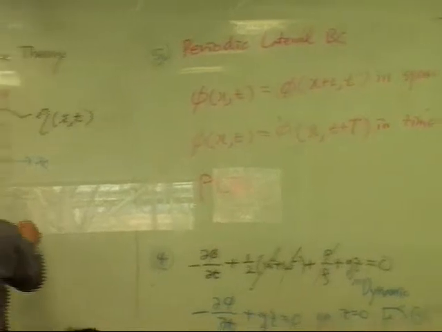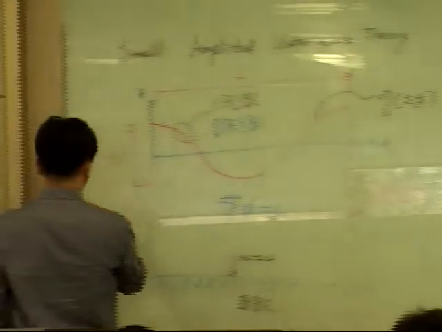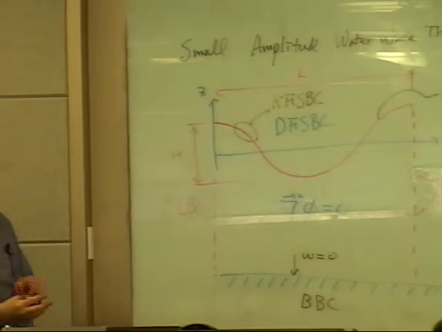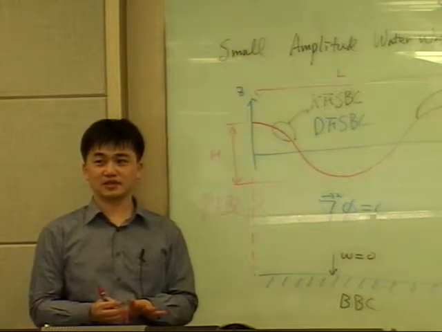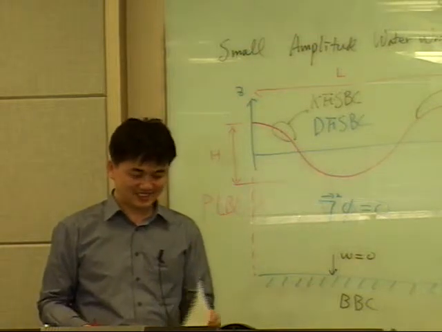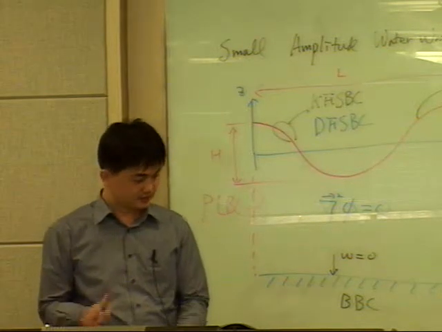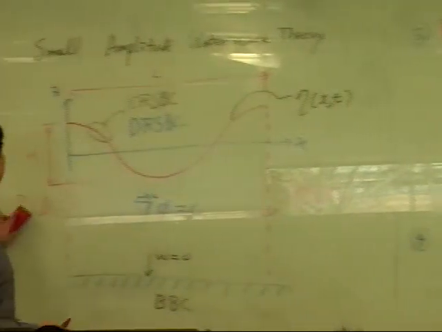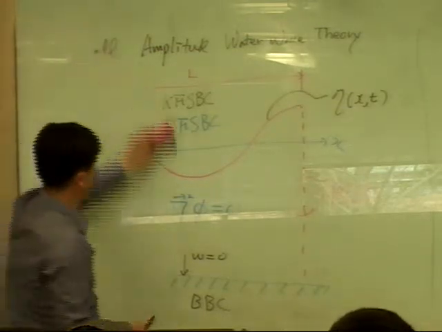This should be satisfied here and here. Right? So we have one governing equation and lots of boundary conditions. Now we need to solve. This is very challenging.